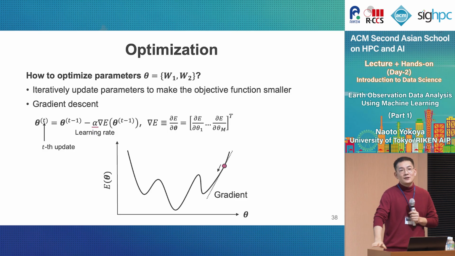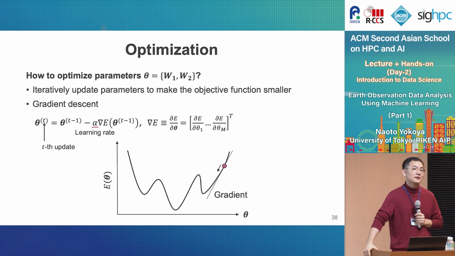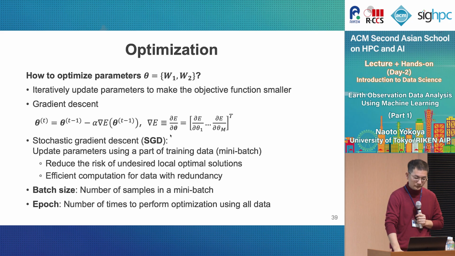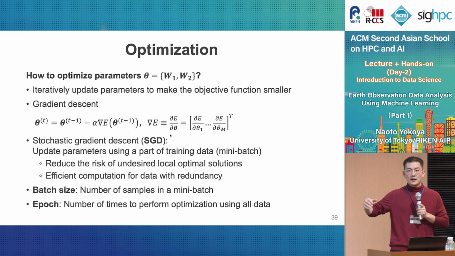Okay, problem almost solved. What we need is the gradient of the loss function with respect to all parameters. This parameter set is actually very high dimension, okay? Oh, one thing I forgot: for training data, let's say we have 1,000 samples. Maybe we can calculate this gradient by processing all samples.